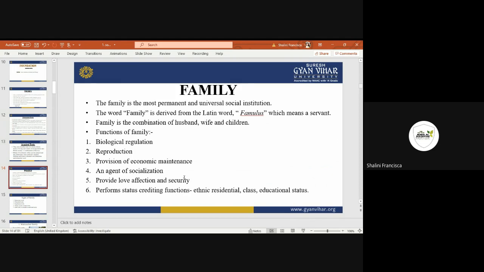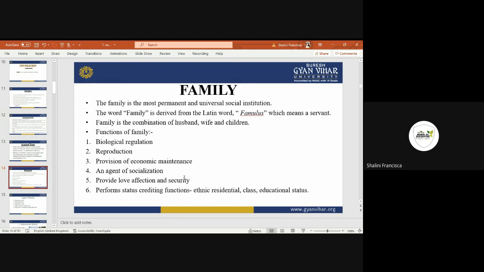Servant work means taking care of each other, giving time to each other, spending time with each other, cooking for each other, giving nursing care if somebody is sick, and rearing the children. These are the ways that make them called a servant.